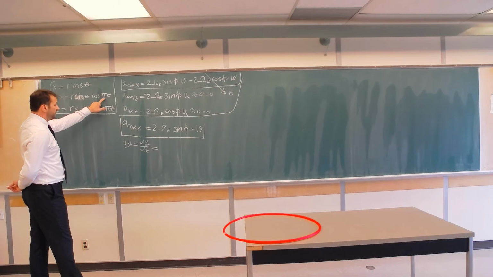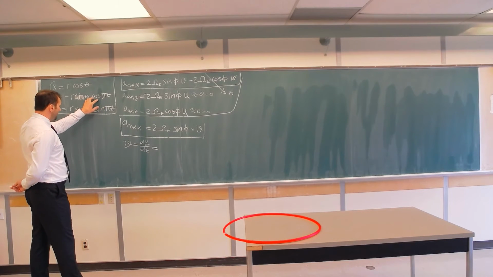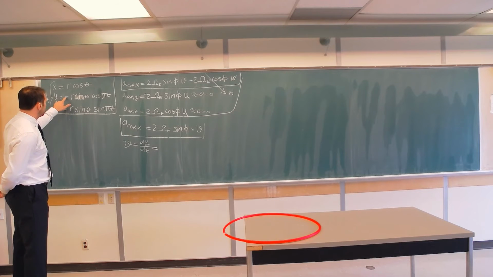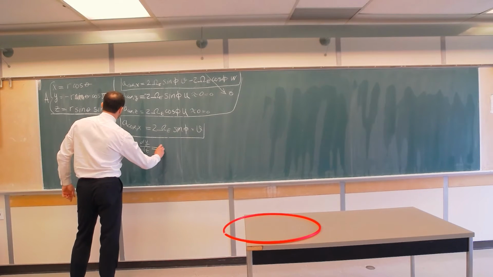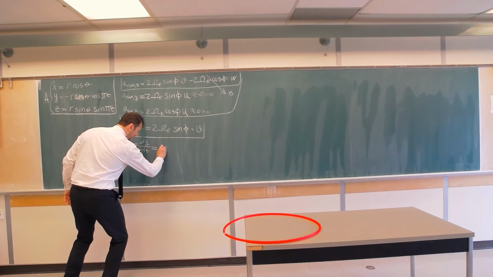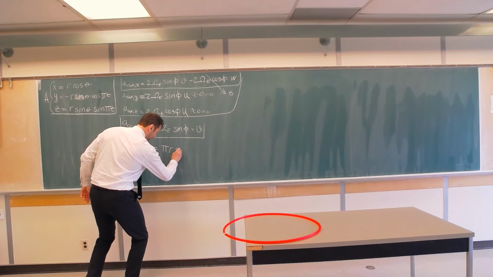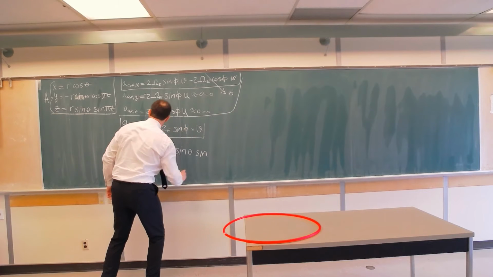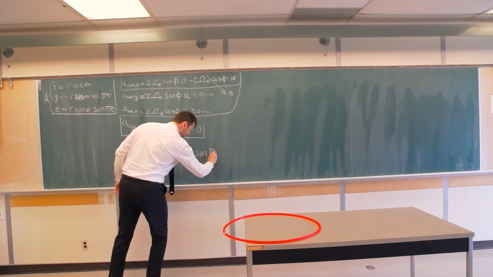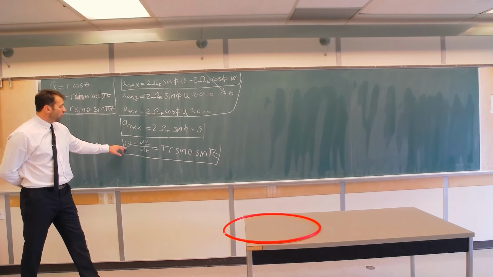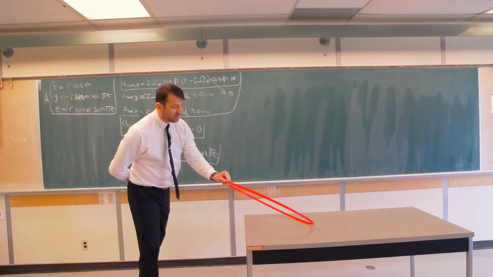This is differentiation with respect to time. The derivative of cosine is negative sine, which means it will cancel with this negative, and this pi will go in front, so I will have here pi r sine theta sine pi t. So this is the v component of the velocity of this white stripe.